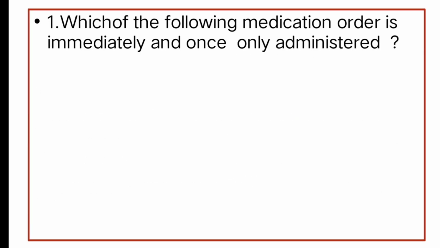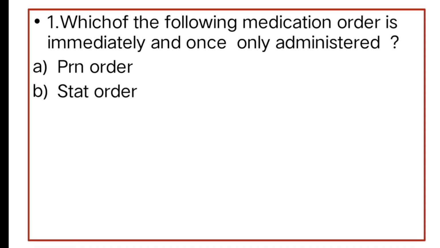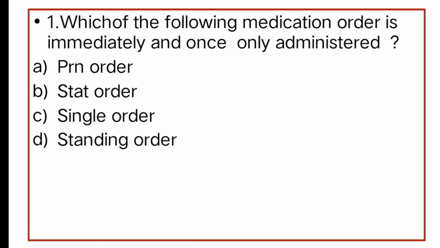So the first question is, which of the following medication orders is immediately and once only administered? Among the four options, which is considered as the medication order which is given immediately and only once? Option A is PRN order, option B stat order, option C single order, and option D standing order.